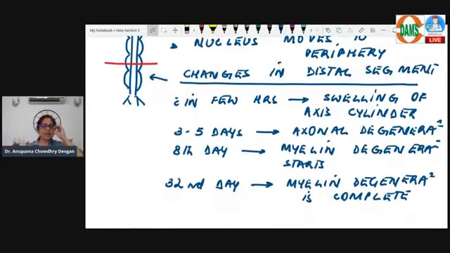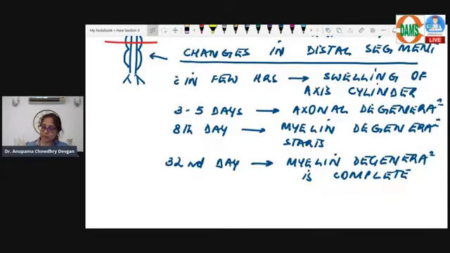Within a few hours, there is a swelling of the axis cylinder followed by degeneration. Then on the 8th day, the myelin degeneration will start, and on the 32nd day, myelin degeneration is going to be complete.